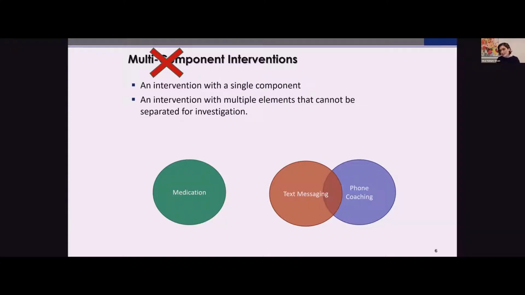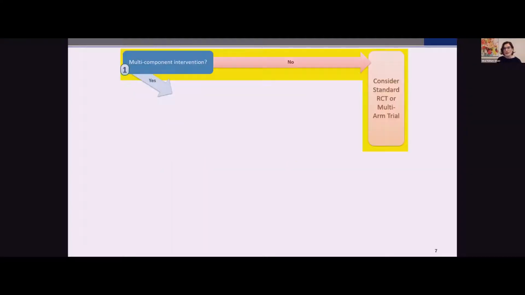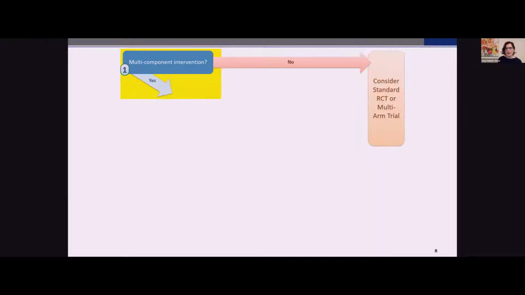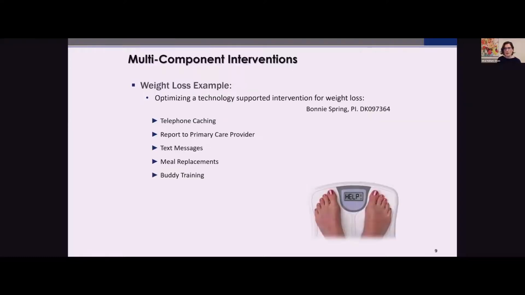But what I can do is conduct a trial to figure out if this intervention package with the multiple elements is better than some control, another intervention or standard of care. So in this case, what I would consider is a standard randomized control trial. All right, but now let me show you an example where the answer to the question is yes. We're interested in developing an intervention with multiple components.